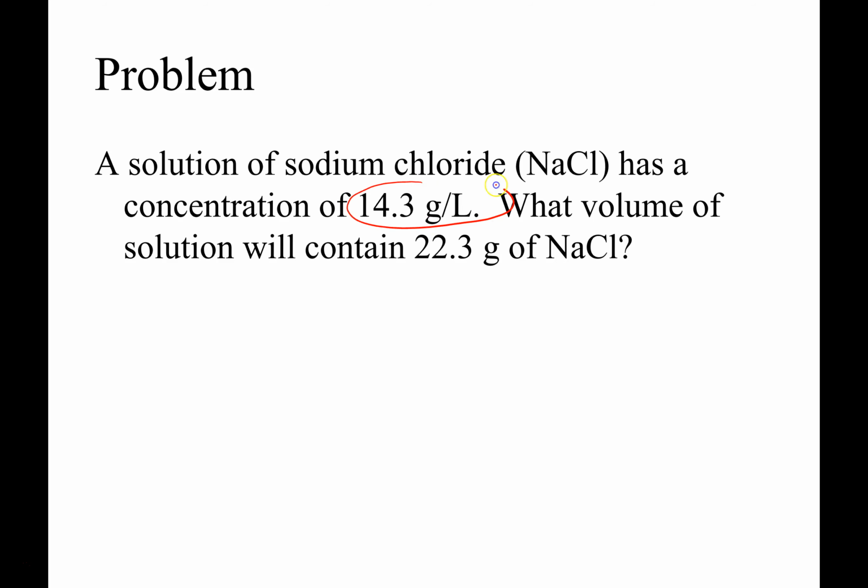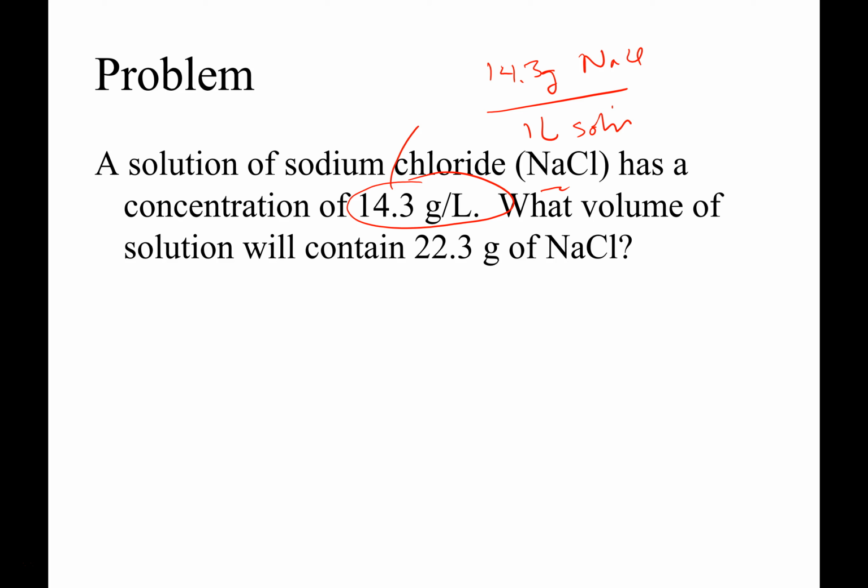I should never see you work a chemistry solution concentration problem where you just leave it g/L, because it's like g/L, what does that mean? So in this case, that means 14.3 grams of the solute, NaCl, per 1 liter of solution. If you get that down, then the problem really isn't too hard.